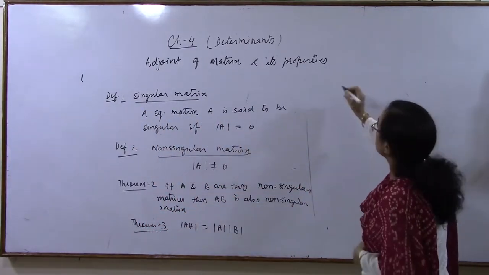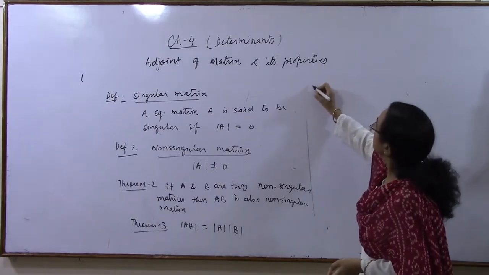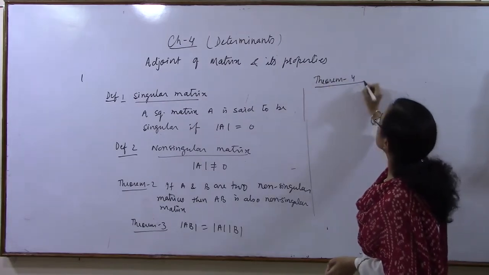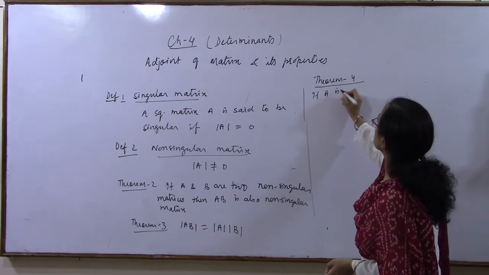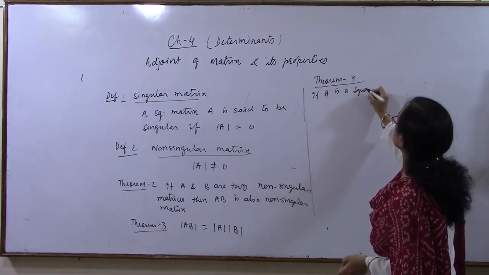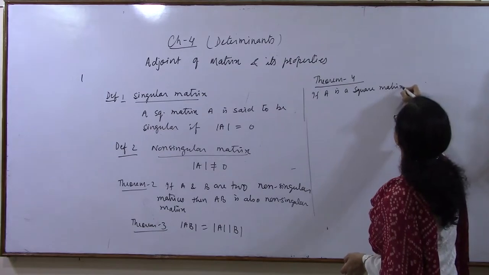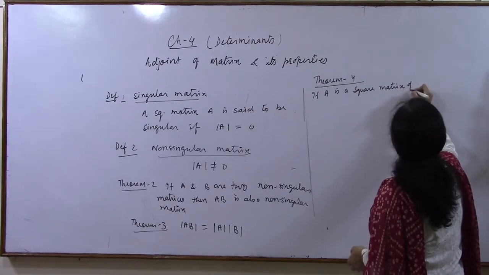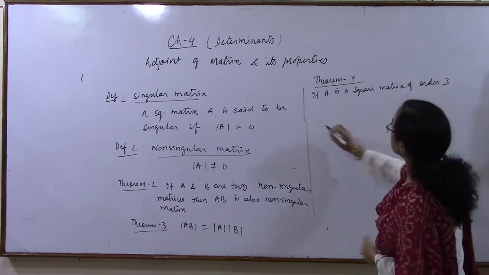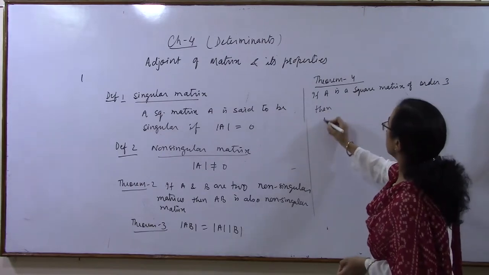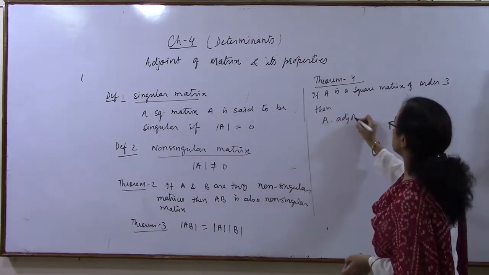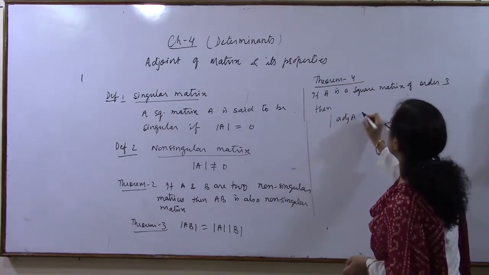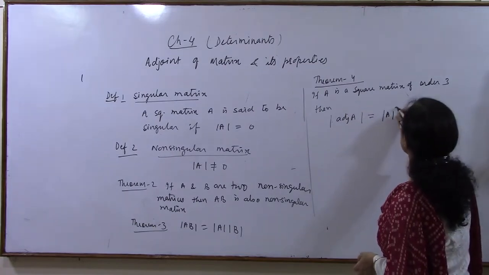Next, if A is a square matrix of order 3, then the determinant of adj A equals determinant A squared.